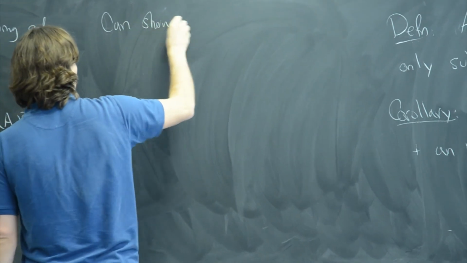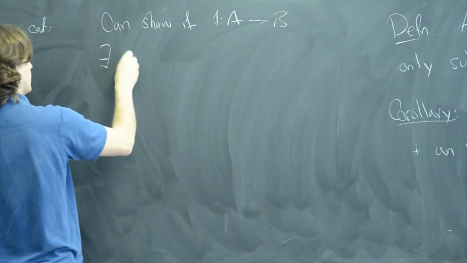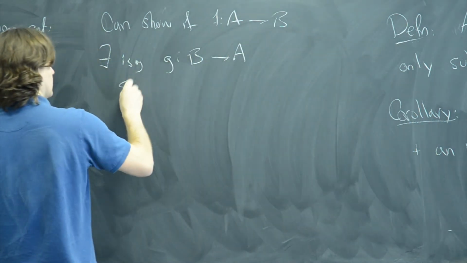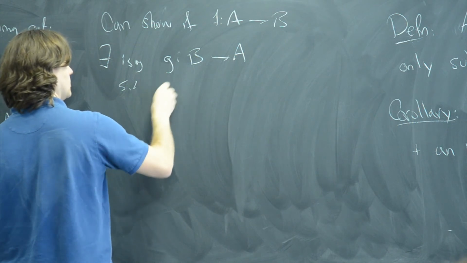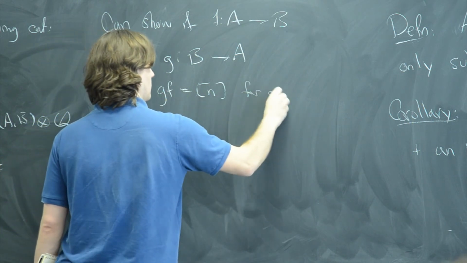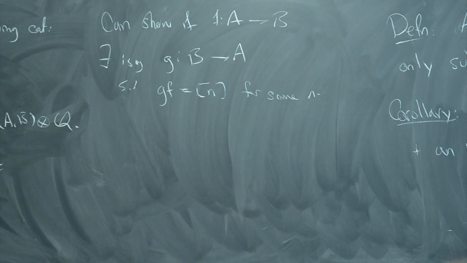So you can show that if you have an isogeny f from A to B, there exists an isogeny in the opposite direction, g from B to A, such that the composition g f is just multiplication by n for some n. On elliptic curves, you could just take g to be the dual of f, but generally you have to use a different construction.